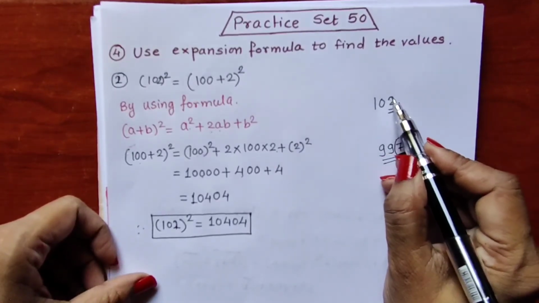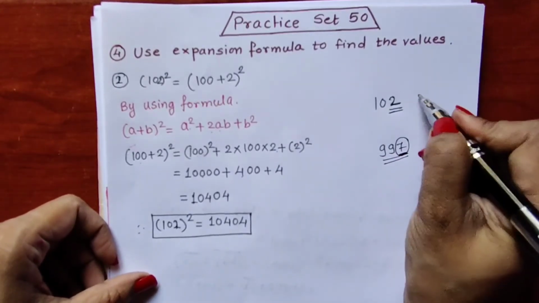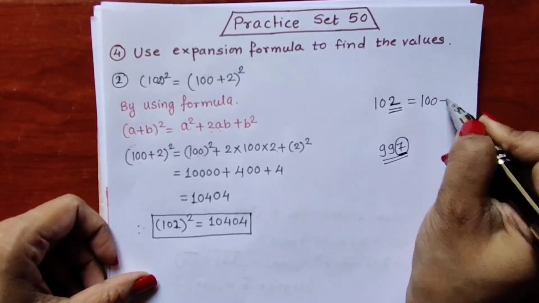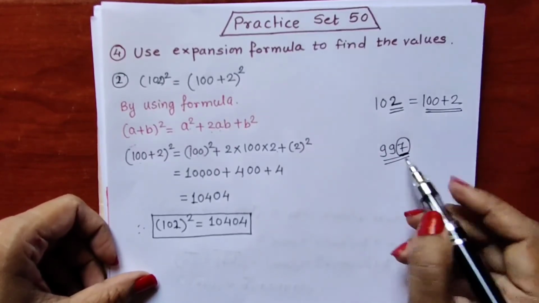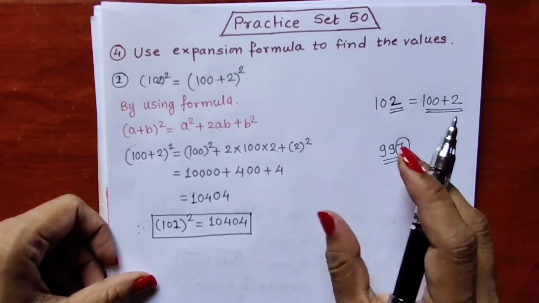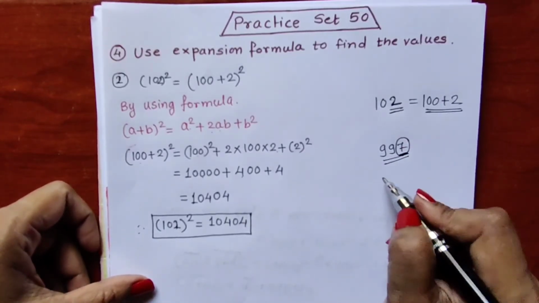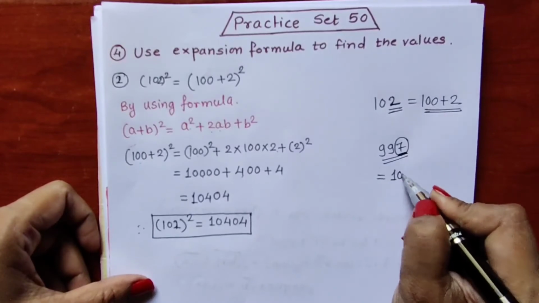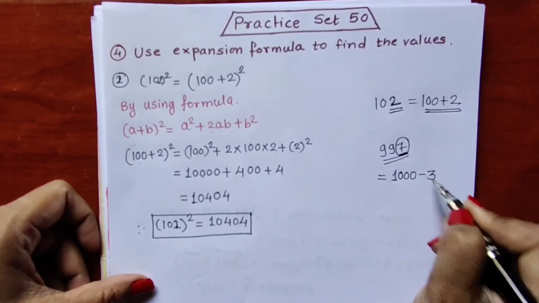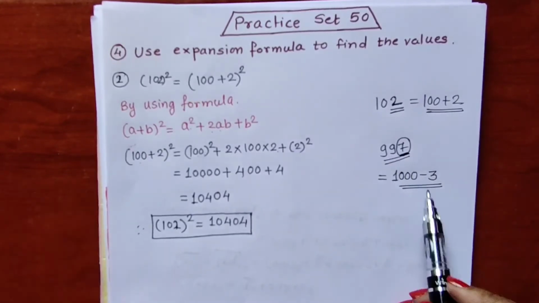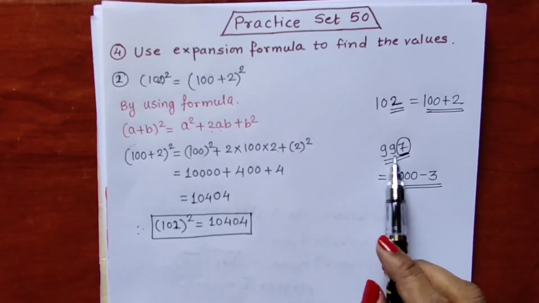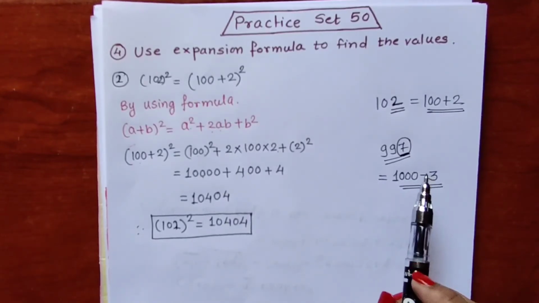Here the unit place digit was 2, so we split it into 100 plus 2 in addition form. Now here we can convert it into the subtraction form. That means it can be written as 1000 minus 3. 997 can be written as 1000 minus 3.